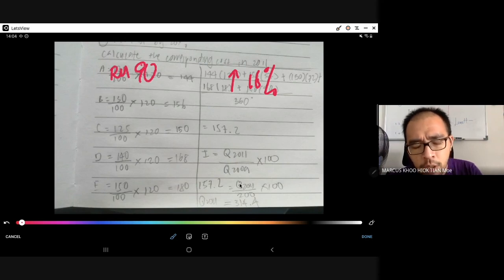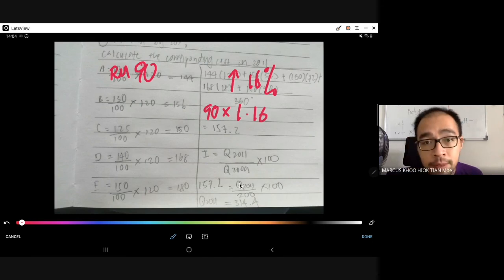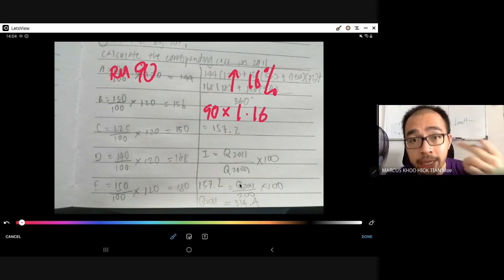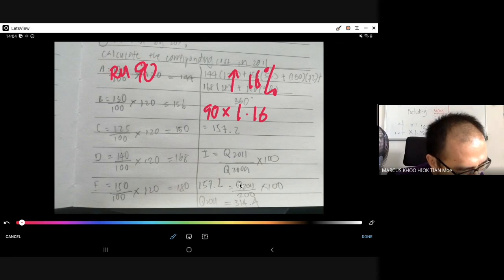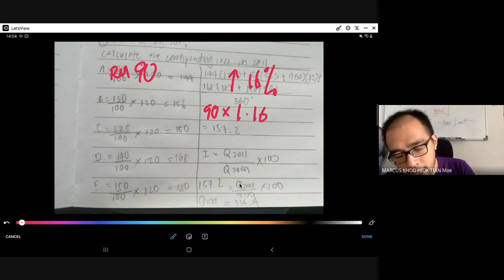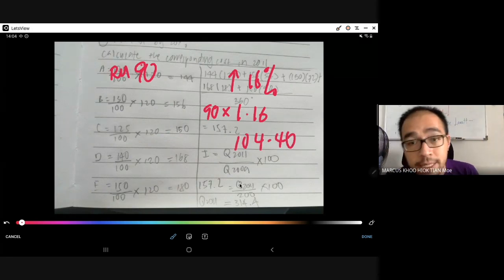Then saya mau tahu kalau dia naik 16% bahkan, berapa banyak yang saya kena bayar. So it will be 90 times 1.16. Okay, it's a shortcut method lah. So kalau dia punya harga adalah increase, then it's times with 1 point something. So increase by 16%, okay, you will get 104 ringgit and 40 sen lah.